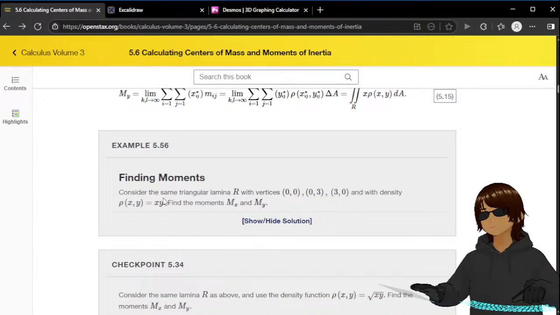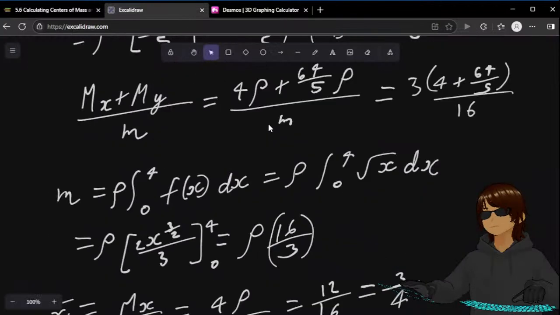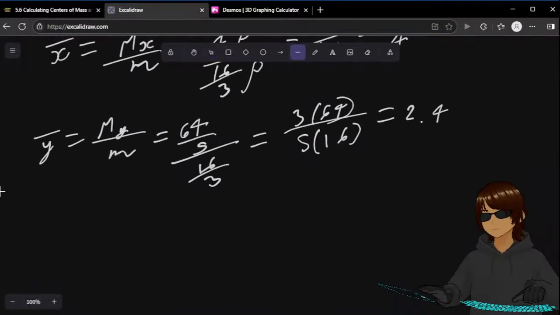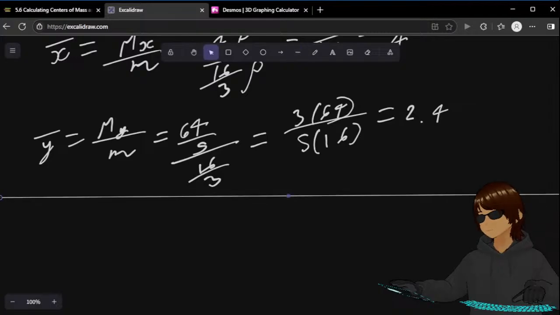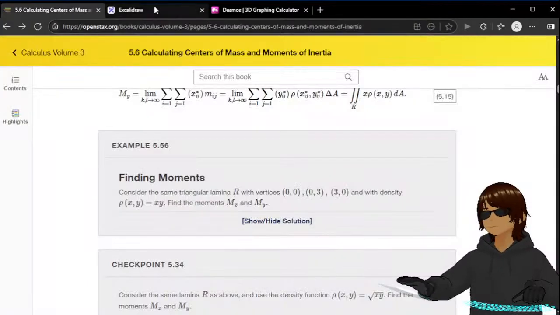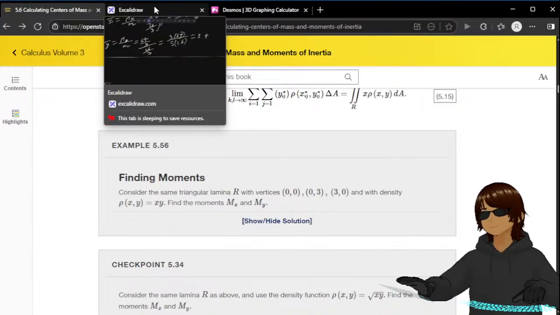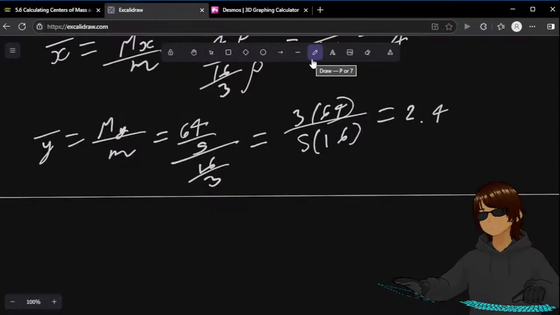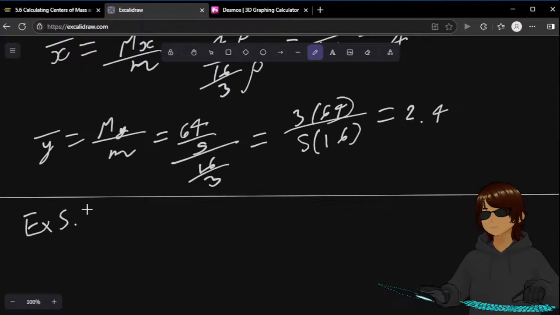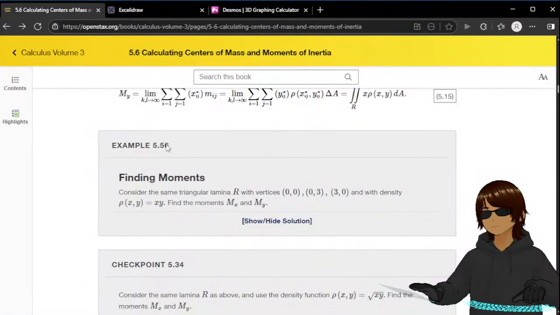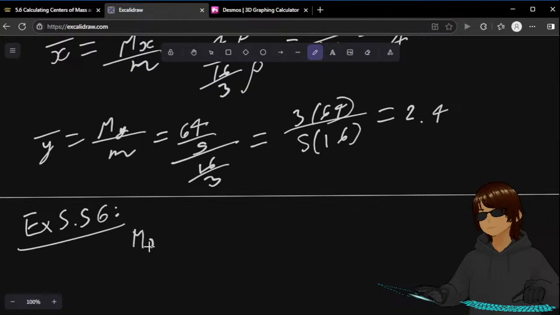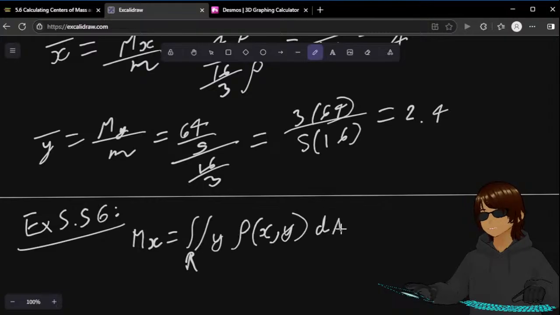Consider the same rectangular lamina with these vertices and this density. Find the moments Mx and My. Let's do this. So 5.56. Y rho of x, y dA.